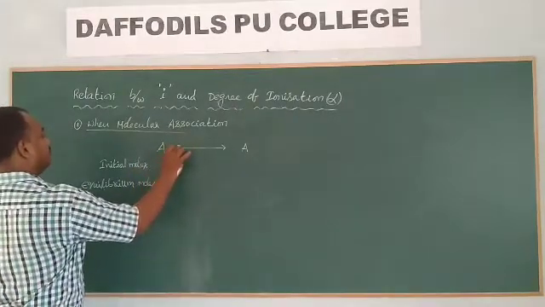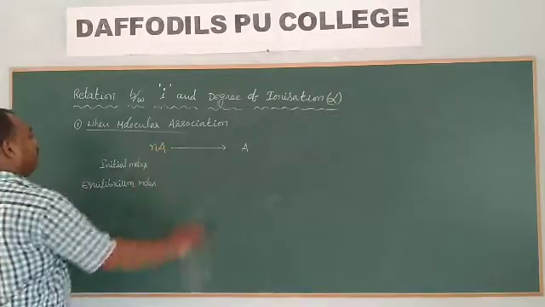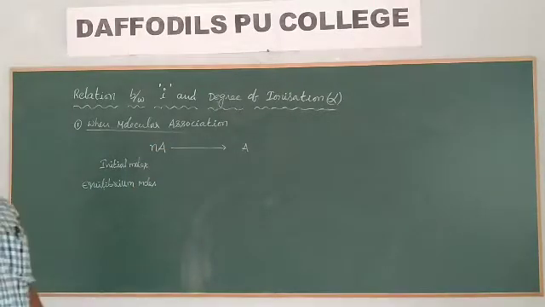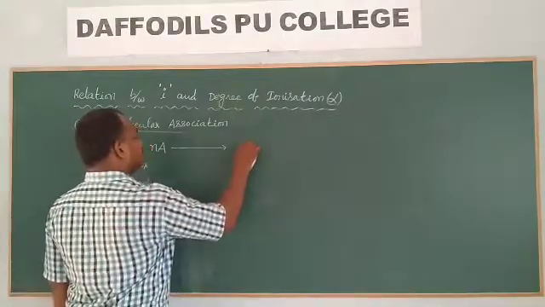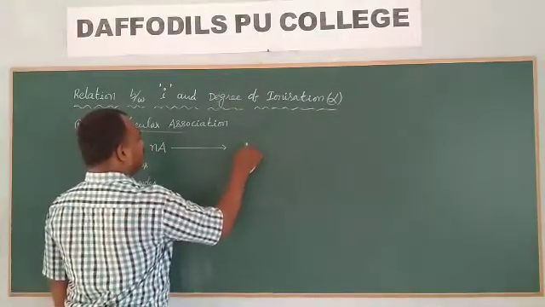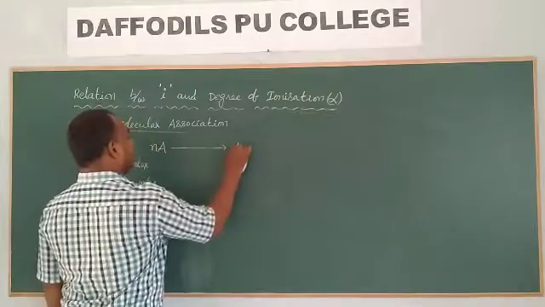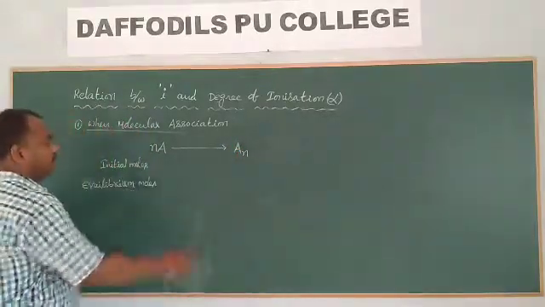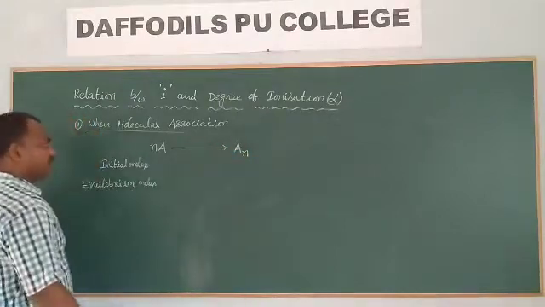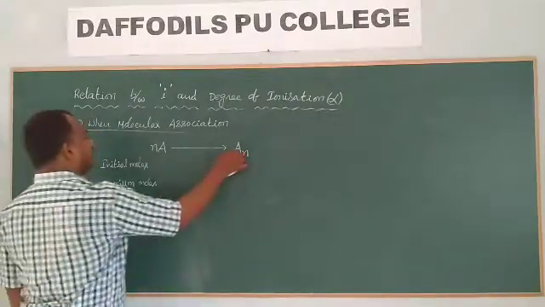In that equation, n moles of A, n particles of A, undergo dimerization or polymerization, and give 1 mole of A_n. When it undergoes association, it gives 1 mole.